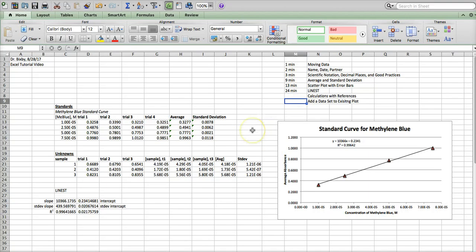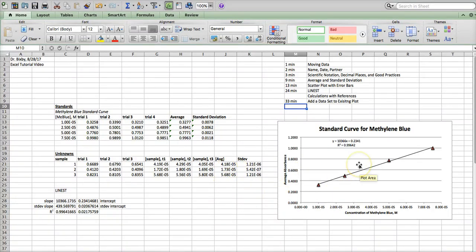Right now we're going to finish up with adding a data set to a plot. Okay, so here I want to put my sample data on here so that I can see where it lies on the line. And it should lie exactly on the line because we use the line to calculate the average concentration.